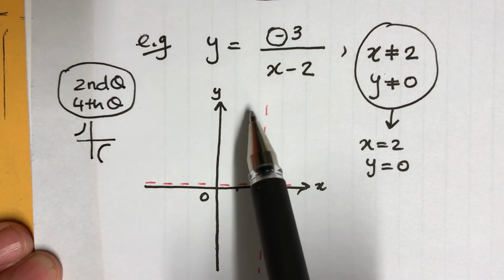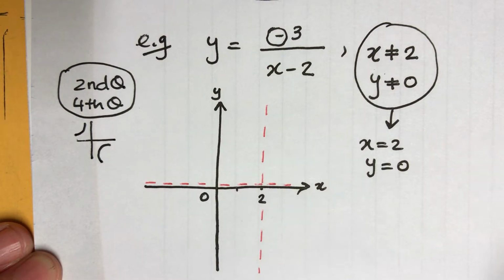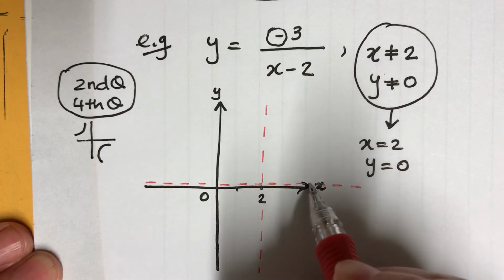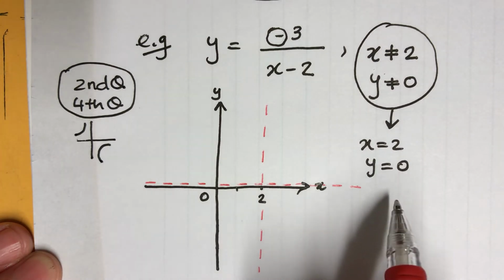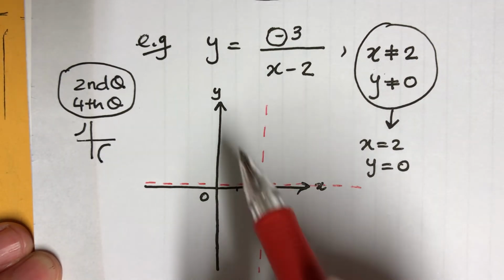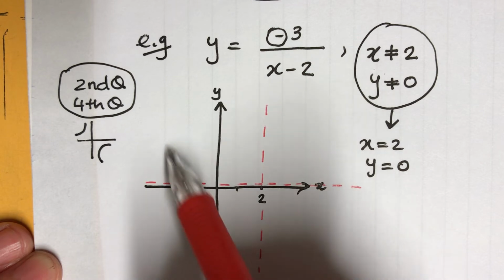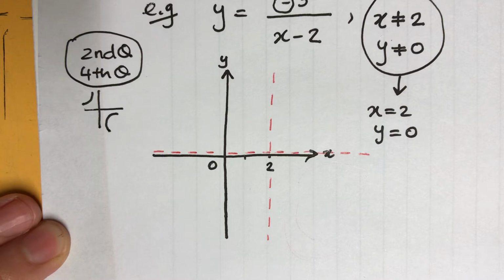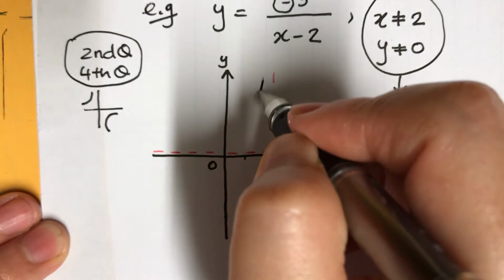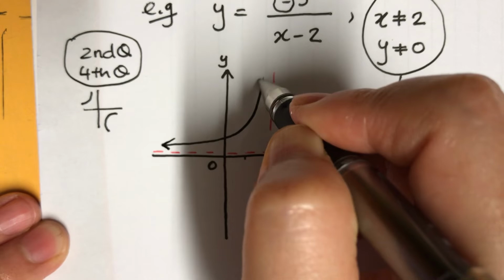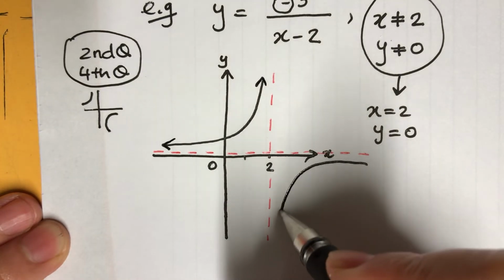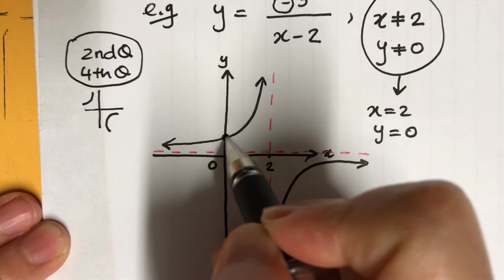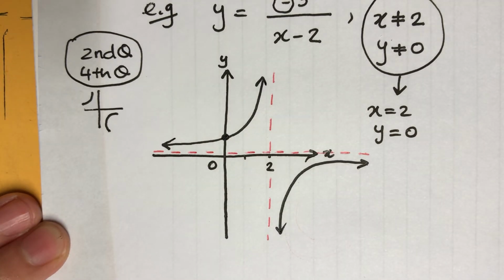So I will have here and here, because my red asymptotes, the broken lines, are now almost like my new x-axis and y-axis. So my second quadrant is here, my fourth quadrant is here. If I sketch the 2 branches, I will go like this, and that.